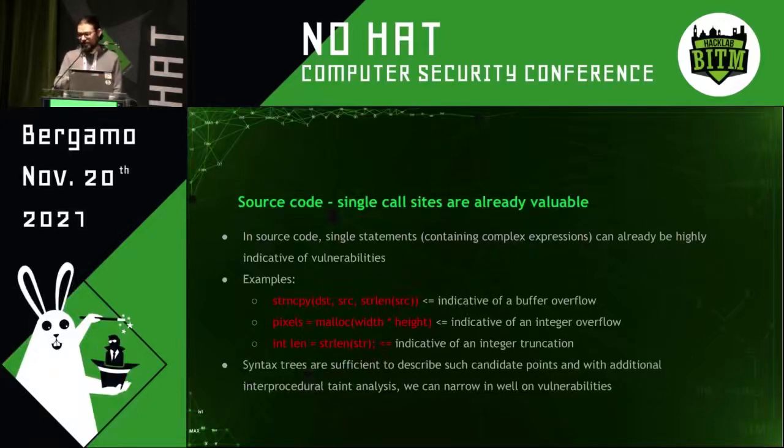But that's already very indicative. Or, for example, this typical malloc bug, width times height, where you have an integer overflow that then leads to a heap-based buffer overflow. Or like a truncation here, where somebody says int len and then assigns strlen to that variable. And so syntax trees are already quite powerful to describe that, and then you can do a data flow analysis to kind of narrow in on that.